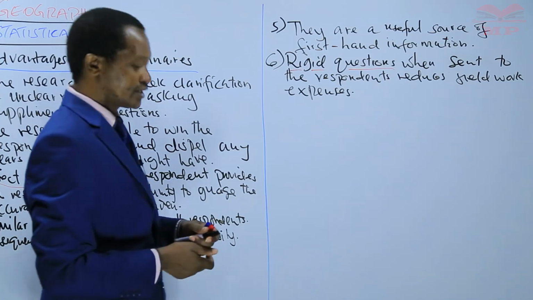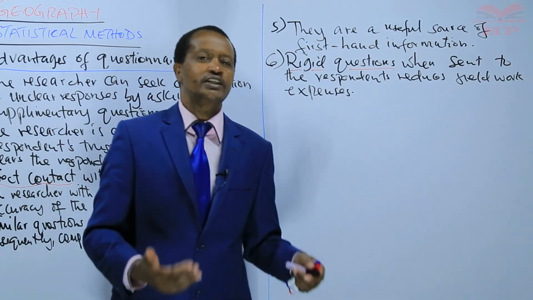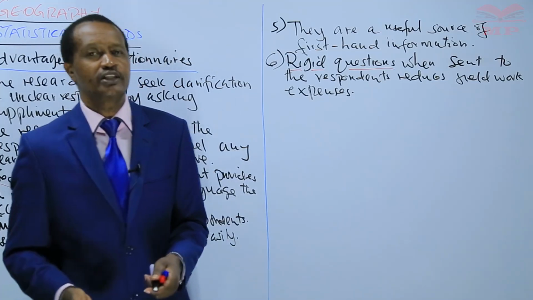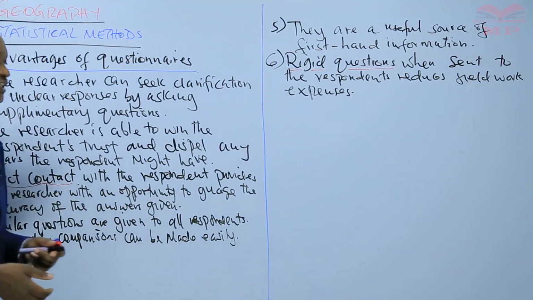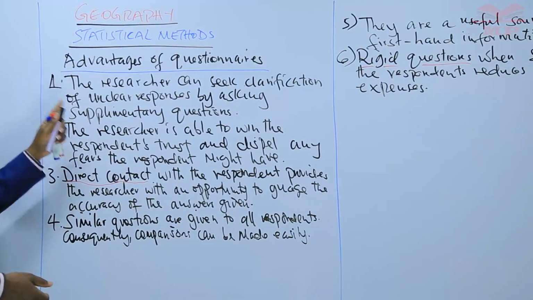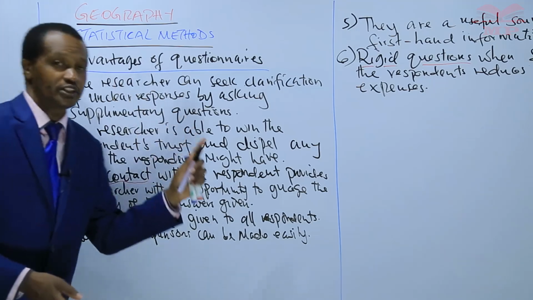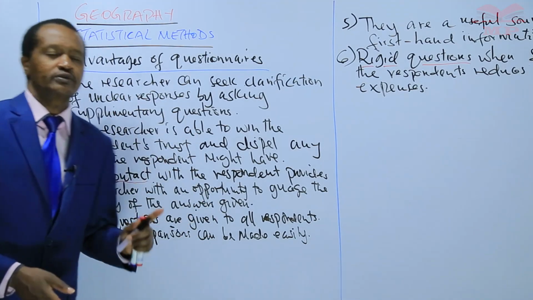So learners, that will mark the end of our today's lesson. What have we learned today? Today we have studied advantages of using questionnaires to collect data. We've given 6 advantages. Number 1, the researcher can seek clarification of unclear responses by asking supplementary questions.